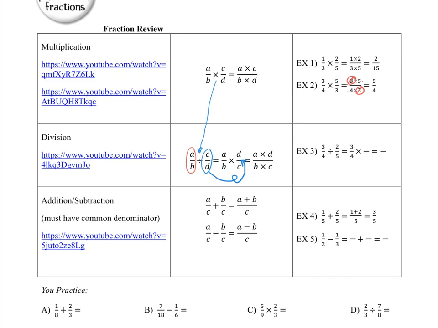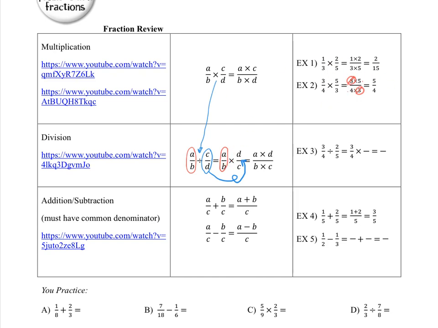Then when we do that, you can see a over b stays the same. But when we reciprocate that second fraction, the operation changes from division to multiplication. So we have a times d on the top and b times c in the bottom. Multiplication, we just talked about that up here.